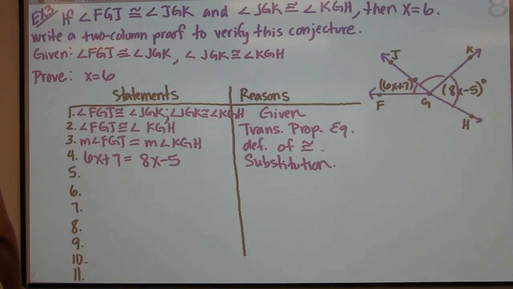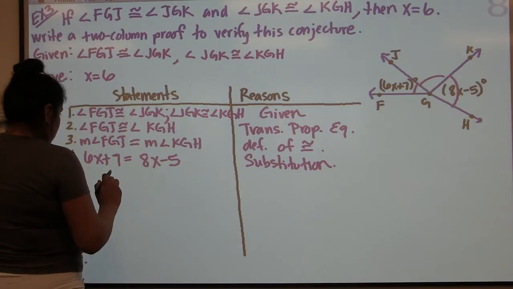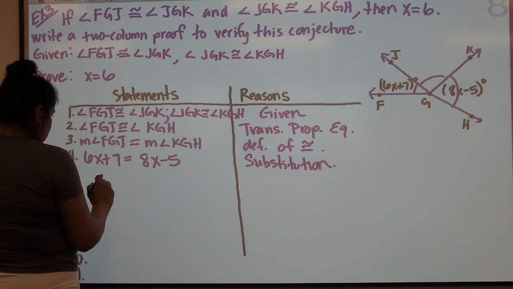6x plus 7 equals 8x minus 5. And now it just pretty much becomes an algebraic proof, and you can probably do these next few steps in a variety of different orders, but I'm going to go ahead and do it my own little way here. I'm going to then take plus 5.